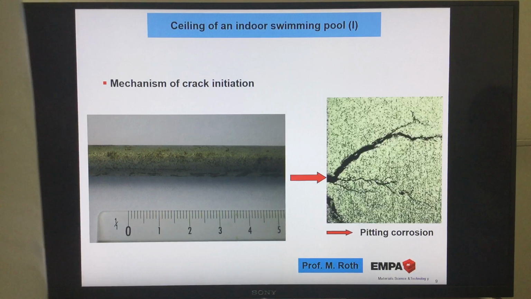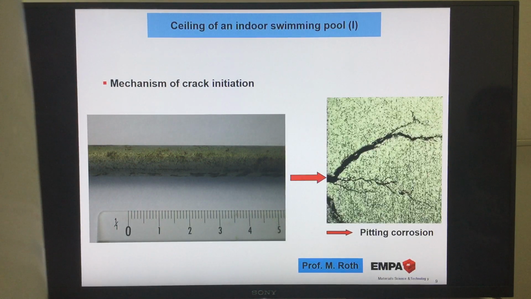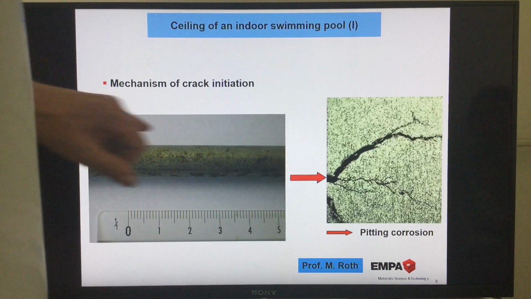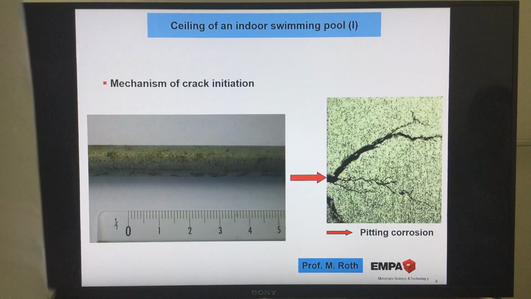Again, you see now our steel bar, you see the diameter, it's 10 millimeter, and you see very nicely some spots from outside, these pits, and there again our metallographic specimen. Now we see the following. There is a pit, and you see the distance between the pits is relatively high.